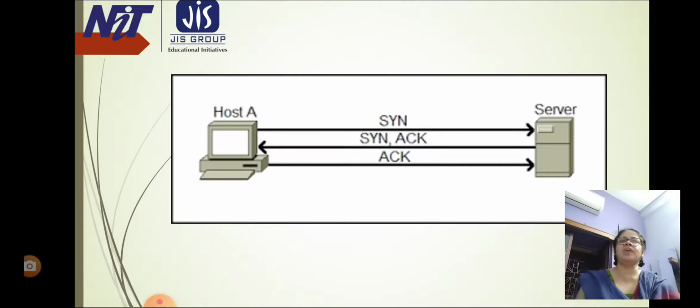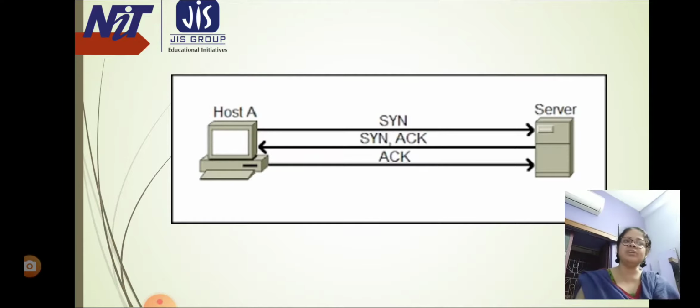The first one is ACK1, which is set by the server to one more than the sequence number it received from the client. The second one is the synchronization sent by the server, which is another random sequence number.